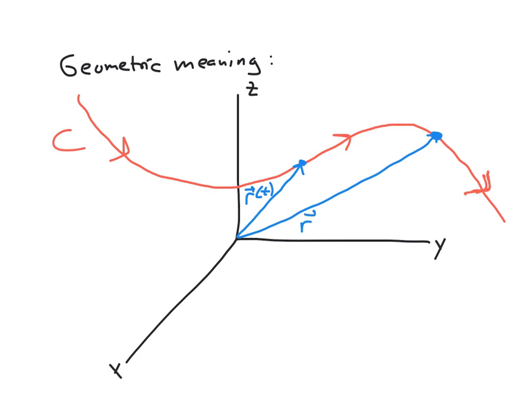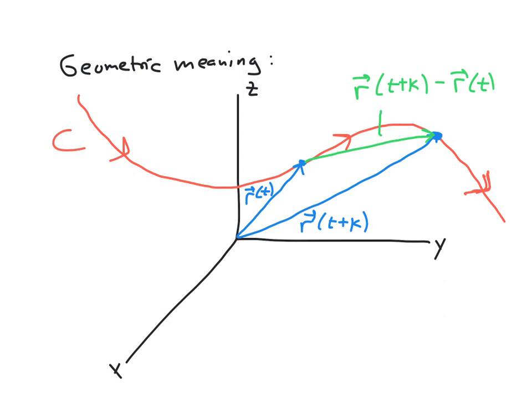So this would be r of t plus k. Now, if I want to take the difference of these two vectors like we do in the definition of the derivative, we take r of t plus k and subtract r of t. What we get is this vector here that goes from the head of r of t to the head of r of t plus k. So this vector here will be r of t plus k minus r of t.